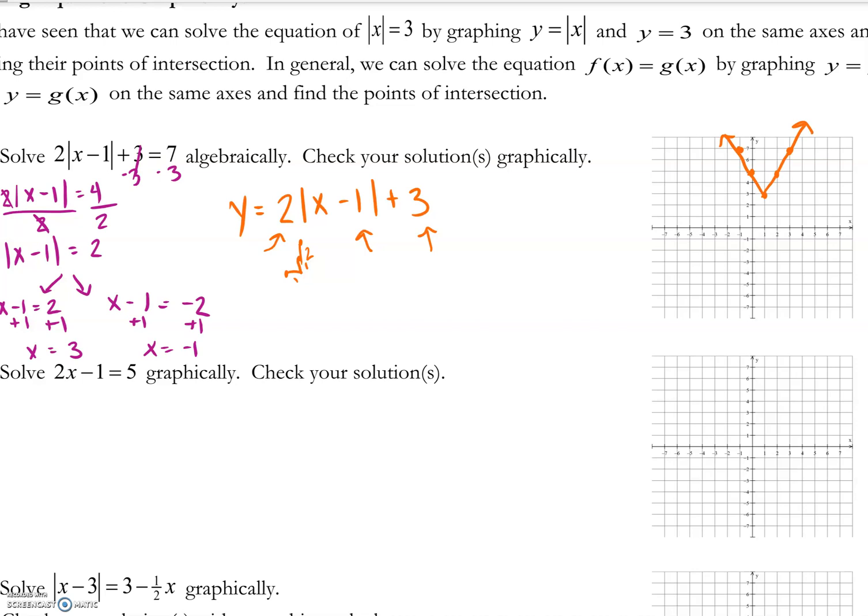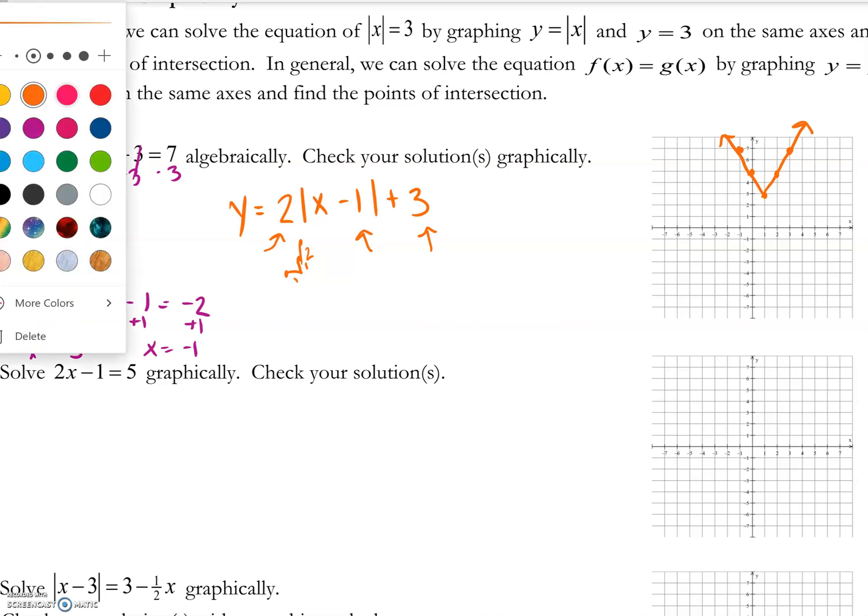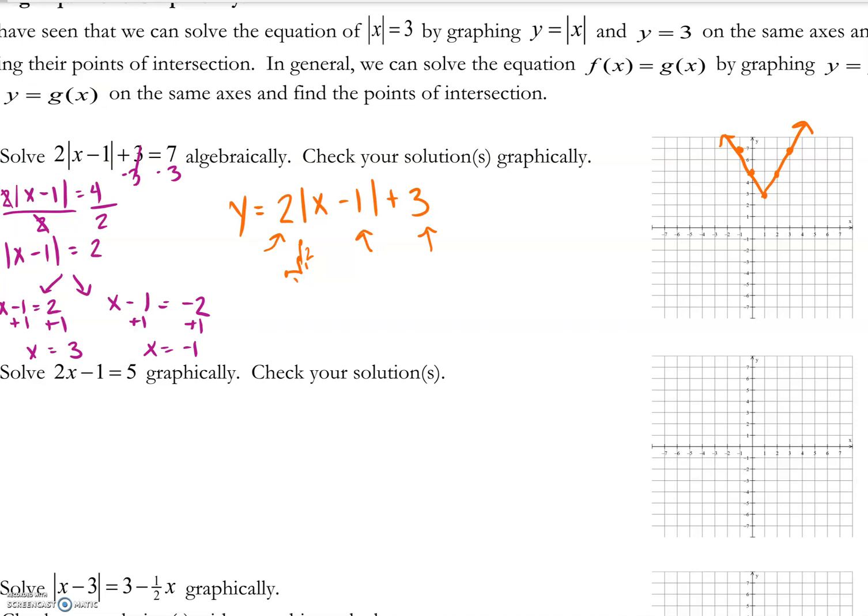I'm also going to graph the other side of the equation, this 7, maybe in a separate color. That's just a horizontal line straight through the y value of 7. So I'll graph my horizontal line. And so far I'm in luck because that horizontal line does hit my absolute value function.